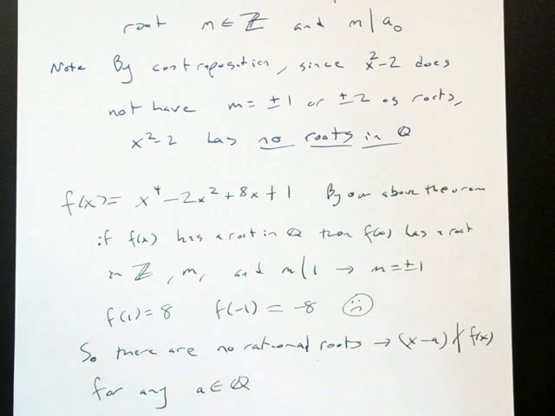The form x minus a, where a is any rational number, can't divide into this, which means this is not reducible into a power 1 and power 3 over Q.